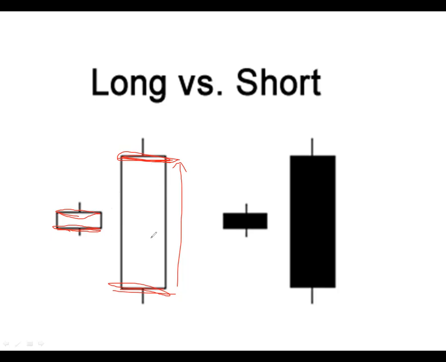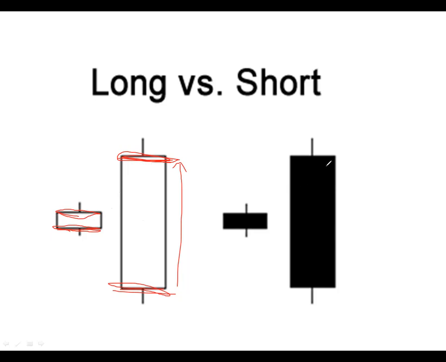So the one with a long body indicates a very strong buying pressure. It means the buyers really took the market seriously, and then they took the market high in their own favor. So that is how come you will see the candle with its body being very long. Is that okay?